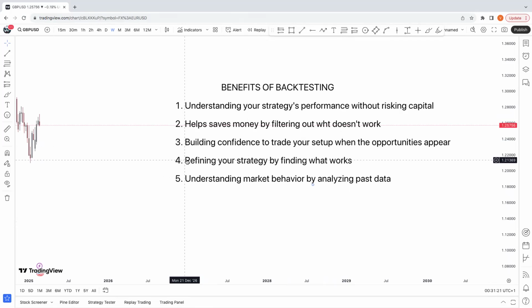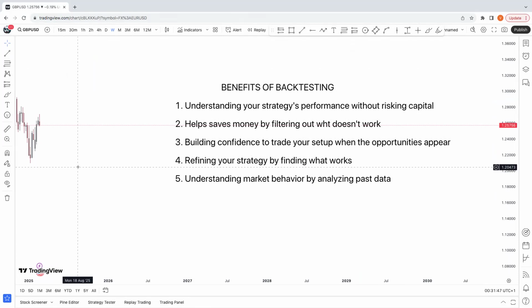Then the number four thing is refining your strategy by finding out what works. When you're journaling your backtesting results, the wins and the losses, you get to observe how the wins came about, the patterns that actually give you that win. Though it is your strategy, there are little tweaks to it. And the patterns also give you losing traits as well.